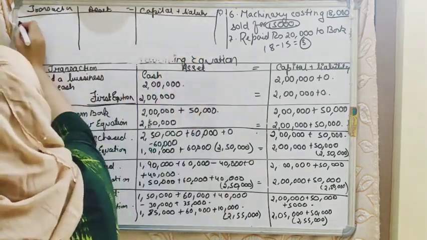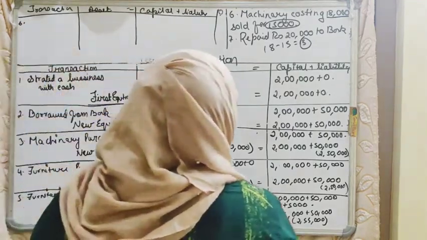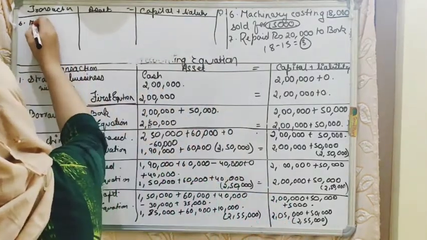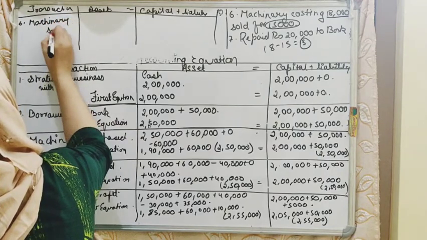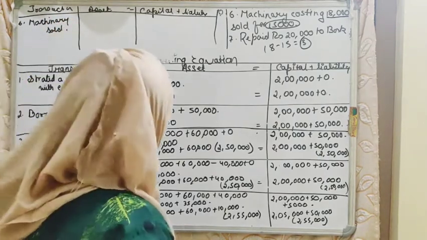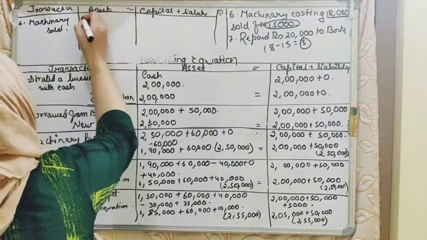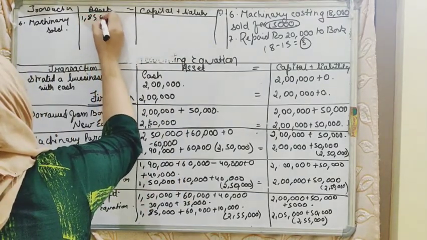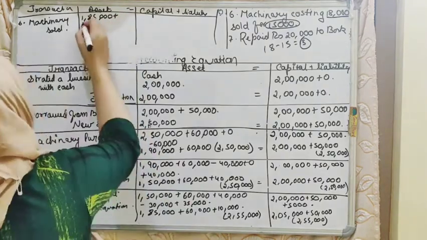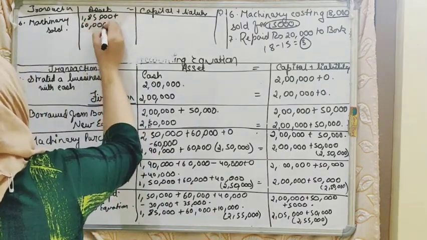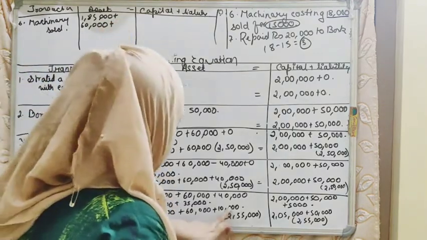If we write the sixth equation, that is machinery costing, so machinery sold. So we'll copy this equation, that is 1,85,000 plus 60,000 plus 10,000.